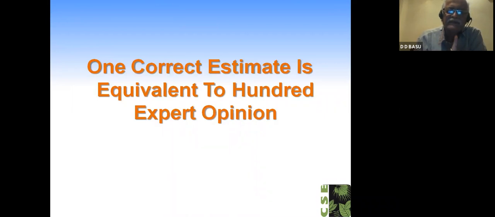One correct estimate is equivalent to 100 expert opinions. My German friends are always telling me, Basu, why are you going to a meeting when you have no data? Because they say there must be data, there must be an observation. Then you can go for expert opinion. Intuition is good, but intuition is not science. You have to experiment.